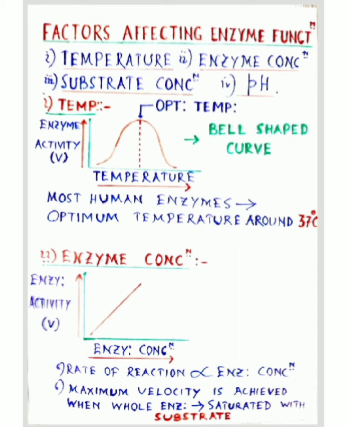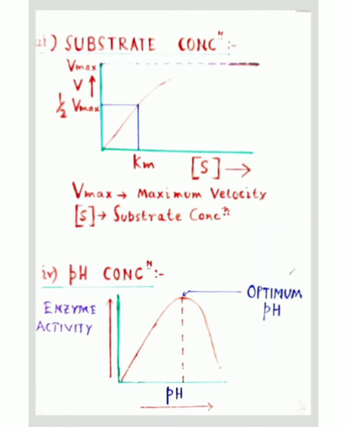And the maximum activity is achieved when the whole enzyme is saturated with the substrate. The third one, substrate concentration. The activity or rate of reaction increases with increasing substrate concentration, that's shown as S in the x-axis, and the rate of reaction in the y-axis.